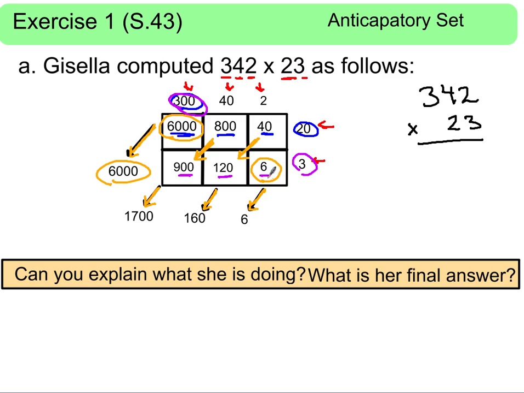And so at this point, what is the final answer? That's what we're asking the students to determine. Is they're going to take this 6,000, they're going to add it to the 1,700 plus the 160 plus the 6, and then they're going to come up with their grand total answer in that given perspective.